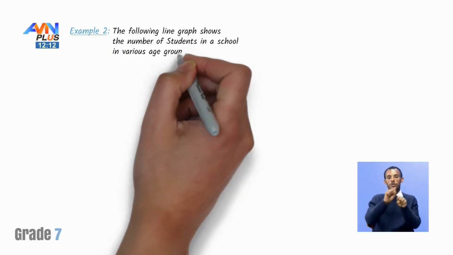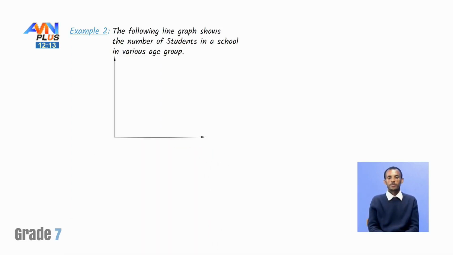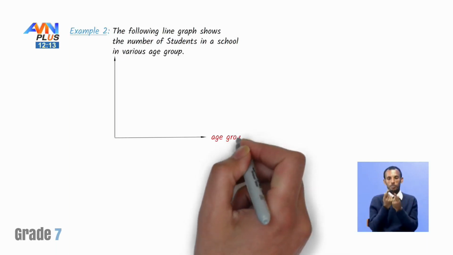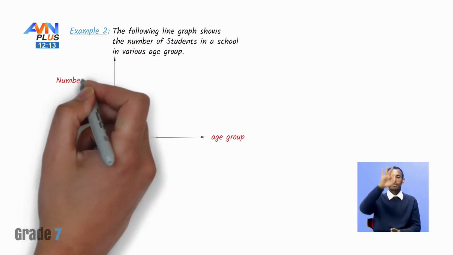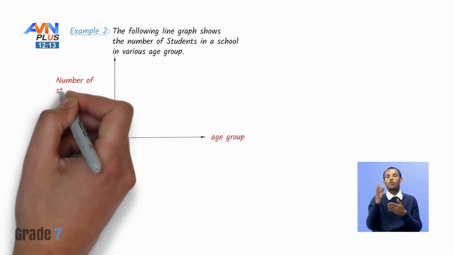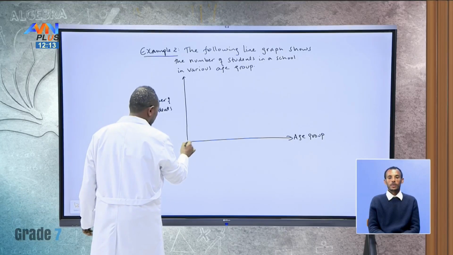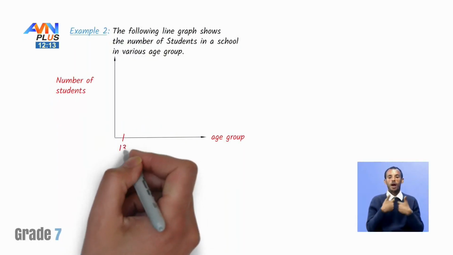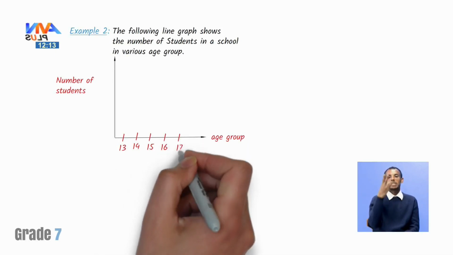So here the graph is given. The age group is on the horizontal axis, and on the vertical axis, the number of students. Here we have age groups 13, 14, 15, 16, 17, and 18.